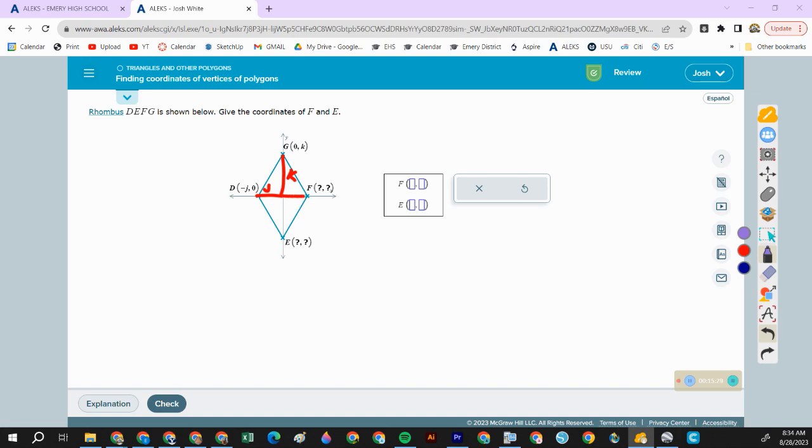So this is going to be J, so J comma 0. What about that one? How far right and left is it? 0. So this point is 0. How far down is it? K, but we need to put it as negative K. So negative K.